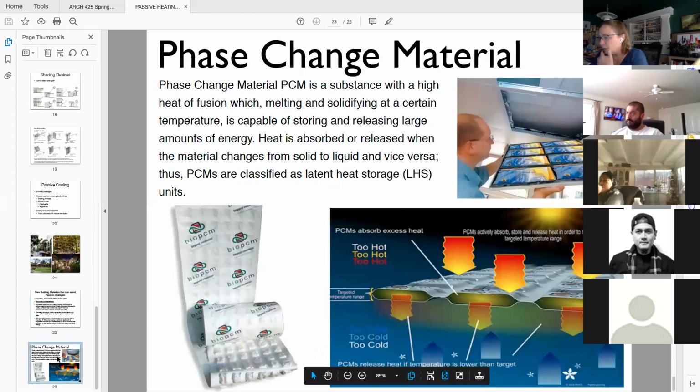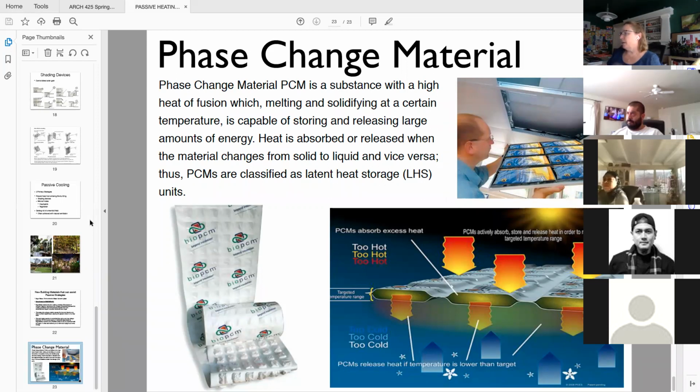Then there's another material, and this is fairly new. I want to say within the last 10 years or so, starting to become more widespread, called phase change material.